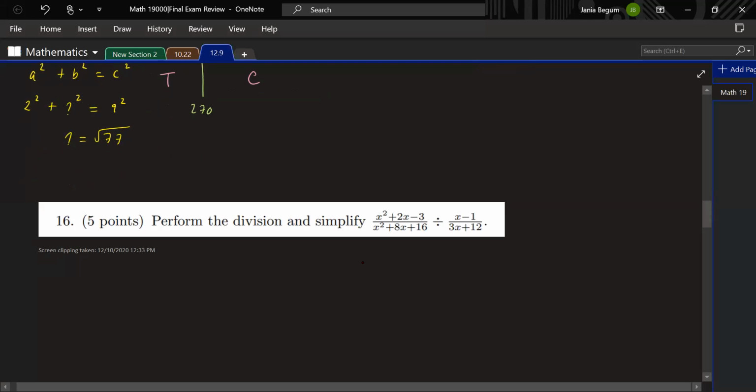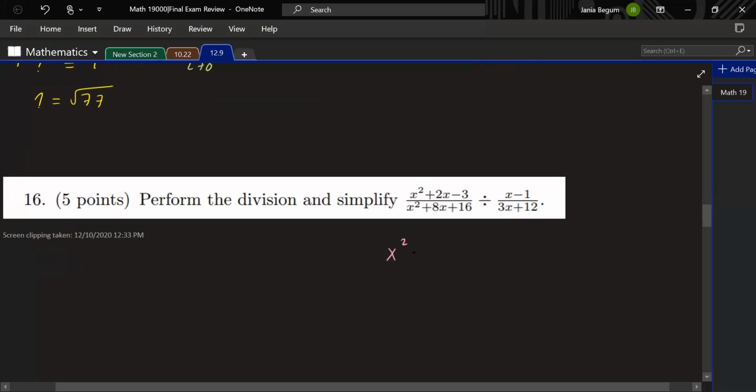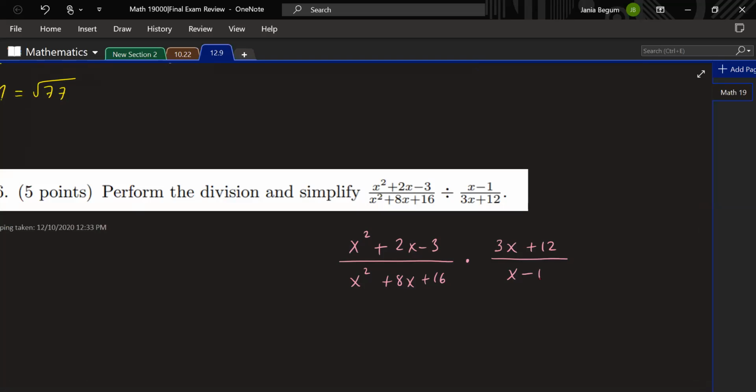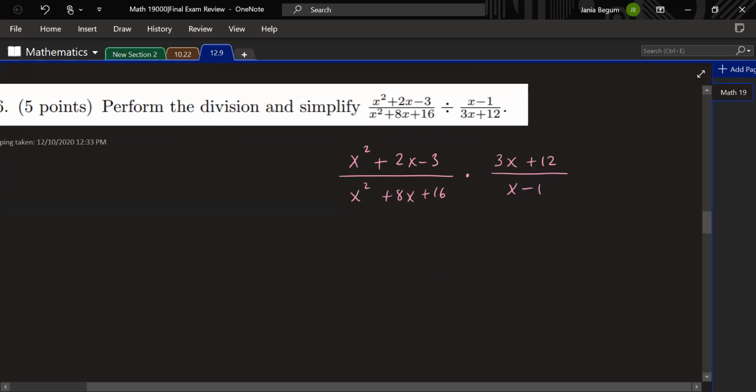So we keep the first fraction, which is x squared plus 2x minus 3 over x squared plus 8x plus 16, times, and we flip the second fraction, so that would be 3x plus 12 over x minus 1. And now from here, you can just factor everything completely. So, helping out, what are the factors for the first fraction on top?